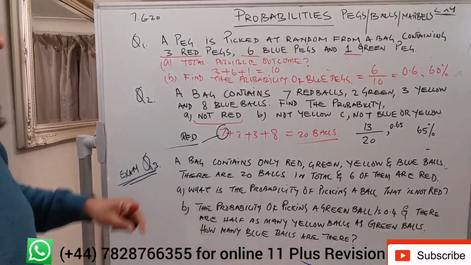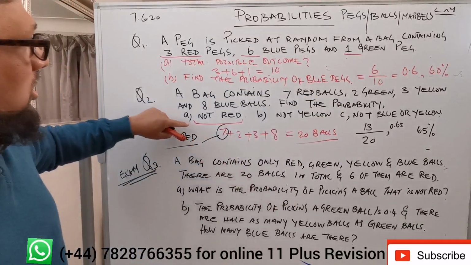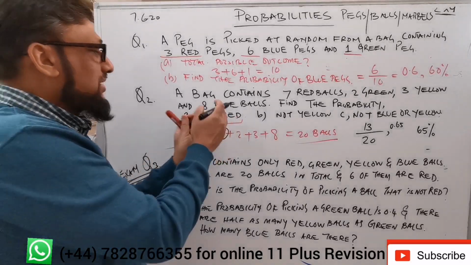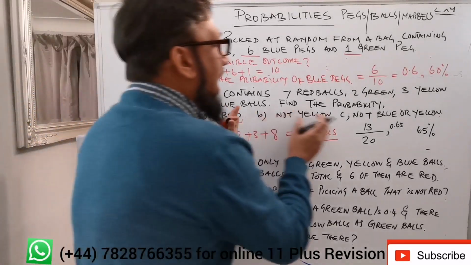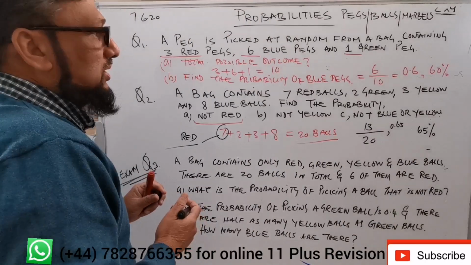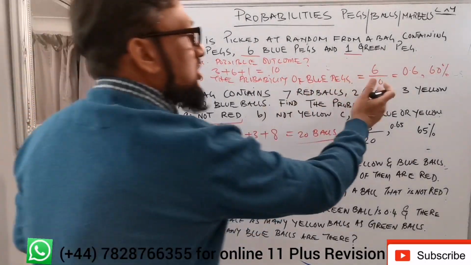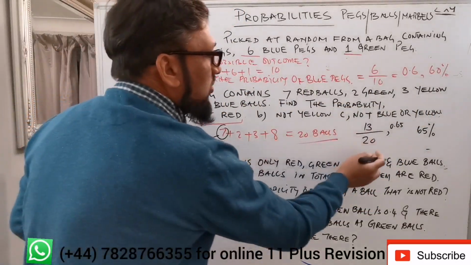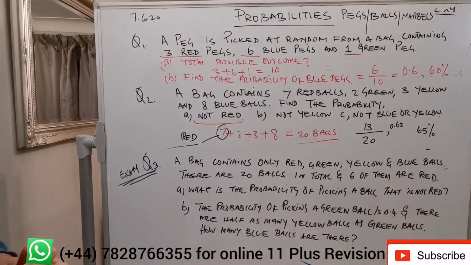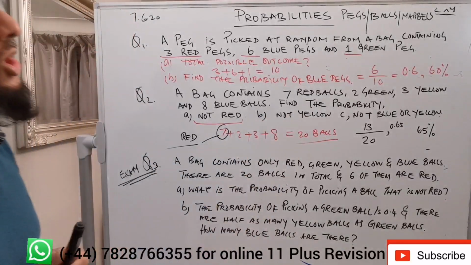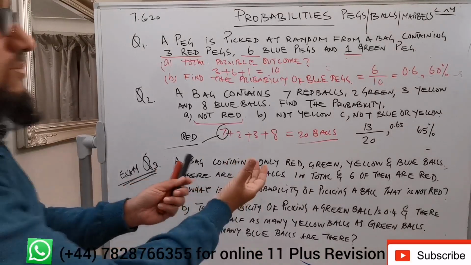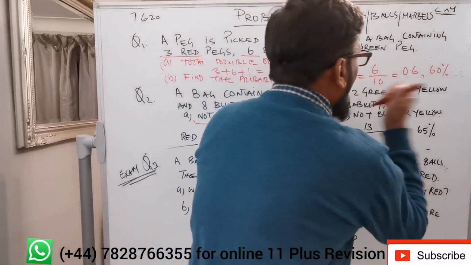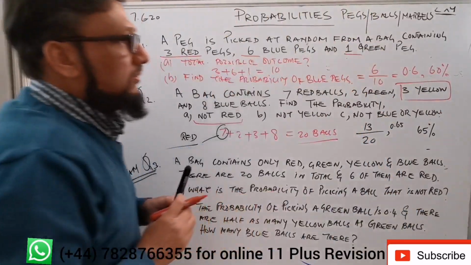So the probability of not red means you need to exclude the red. You need to add all the others, which are 2 greens, 3 yellow, and 8 blues. So these are 13 out of 20. And part B says not yellow. Same as before, now there is yellow, so except yellow.